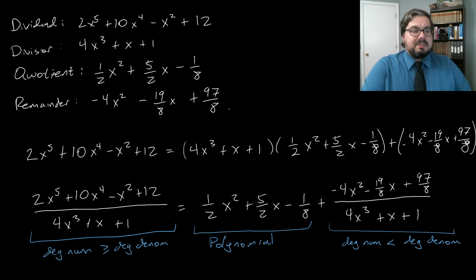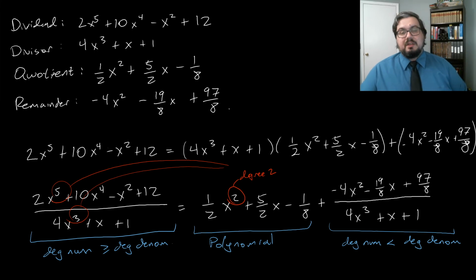Now, one thing that you'll notice is that the degree of the polynomial that we get is equal to the difference of the degrees that we started with. We started with a degree 5 polynomial over a degree 3 polynomial. We got a degree 2 polynomial out of it. That's not an accident. That's exactly because 5 minus 3 equals 2.